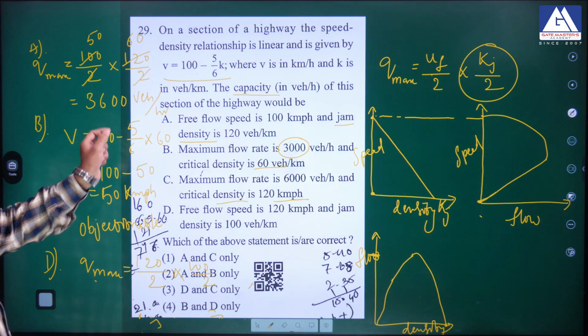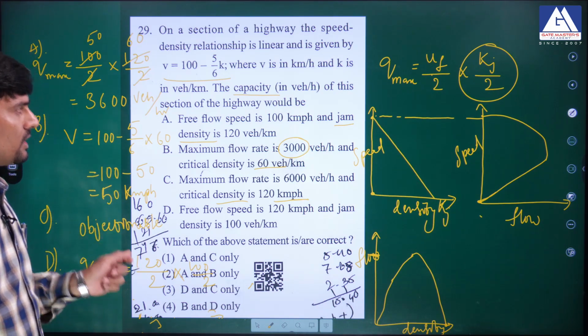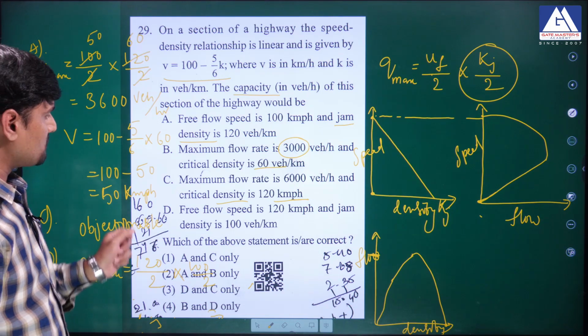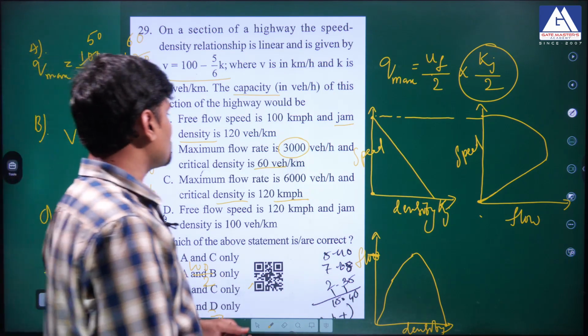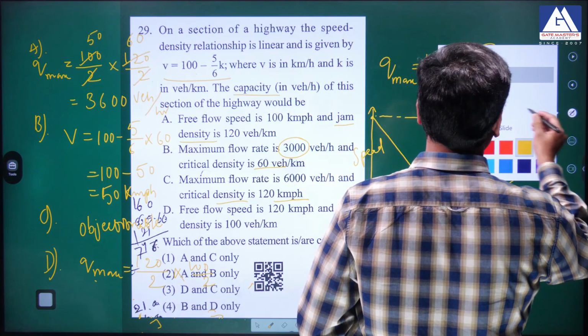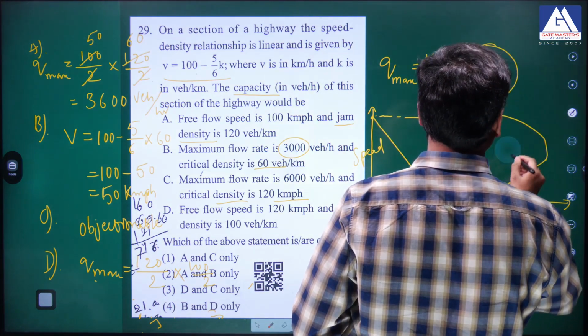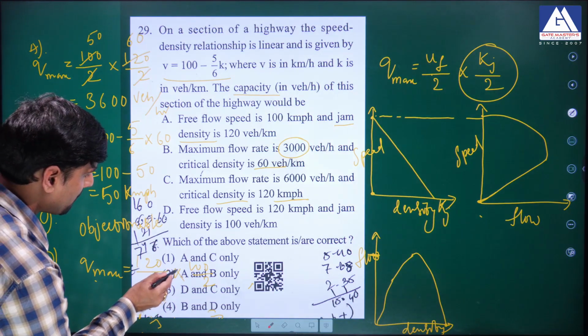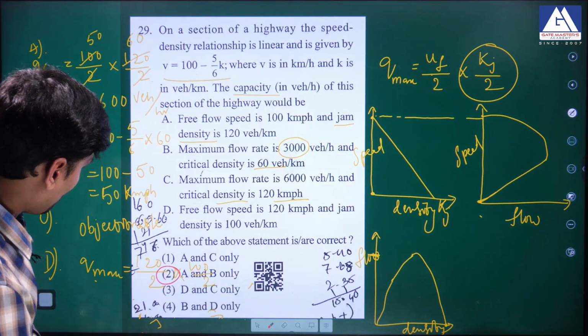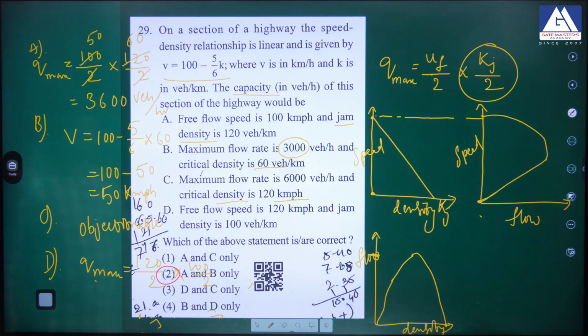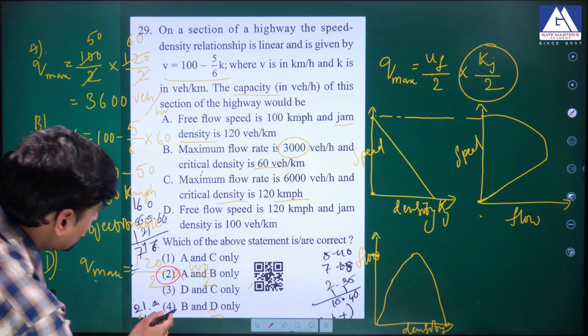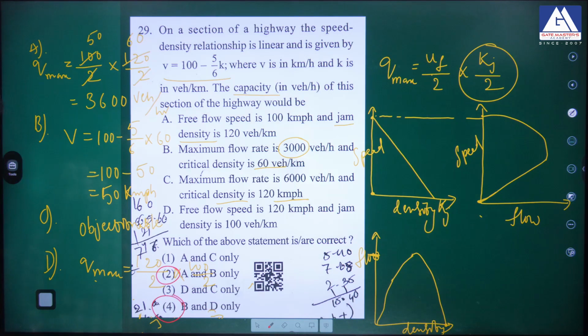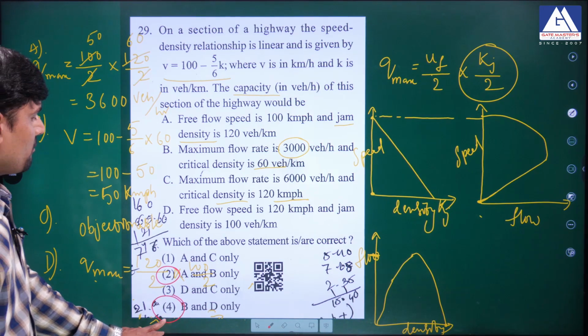So if somebody wishes to give the correct answer for this particular question, the options would be either A and B, or otherwise it can also happen that B and D, that means option number 4.